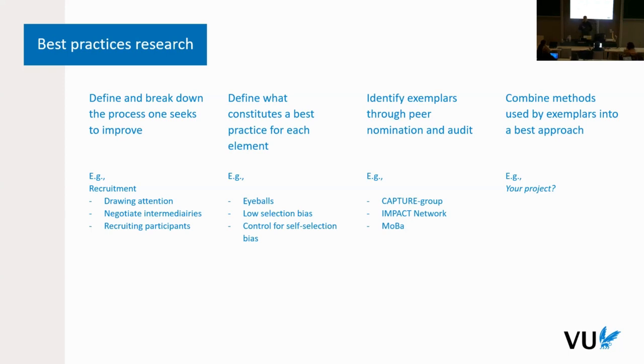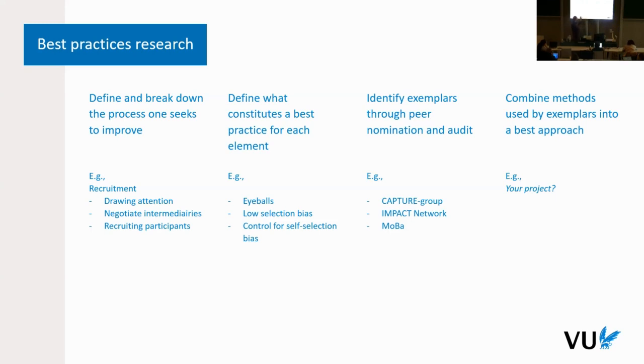So it's a method for defining a process that you want to improve. Let's say you want to improve recruitment, or perhaps keeping participants in could also be a process that you want to improve. Then you need to define on what basis I call a practice a best practice.